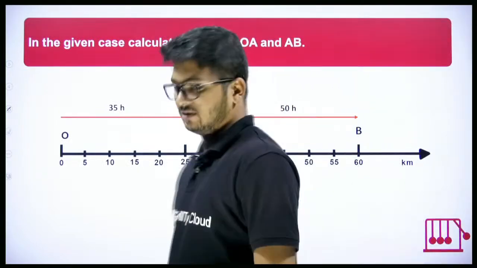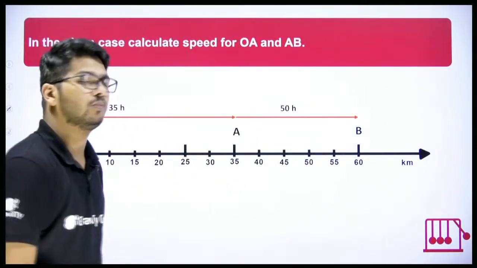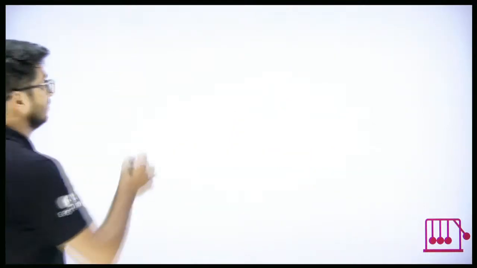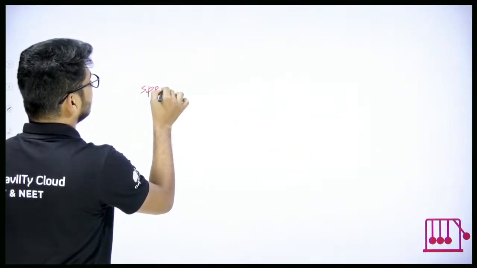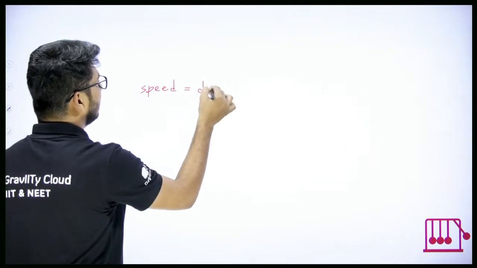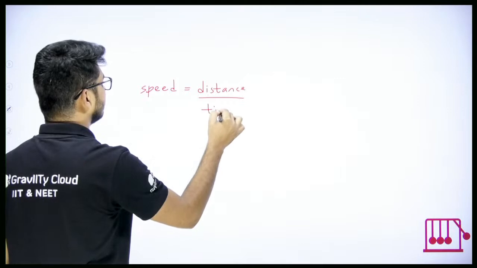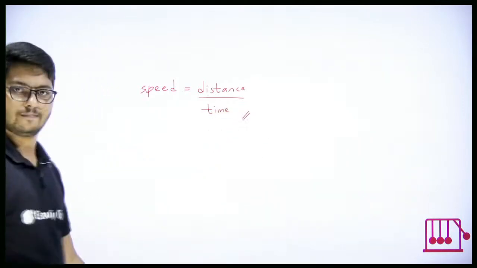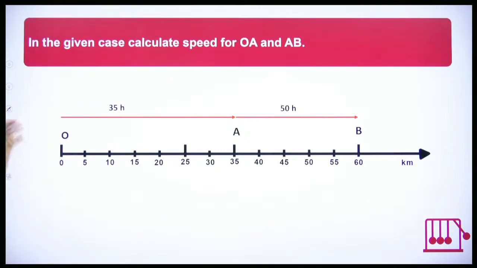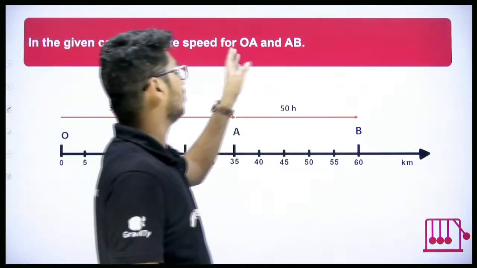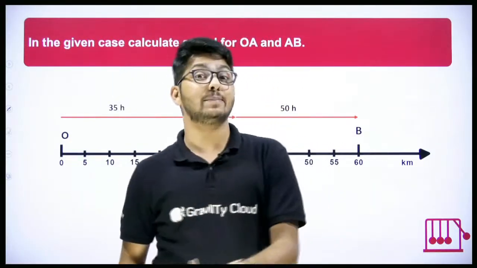So we'll again come back to this. So we learned about speed. What is the formula for speed? Distance by time. So based on this formula, let's solve a problem. Here, in the given case, calculate speed for OA and AB.